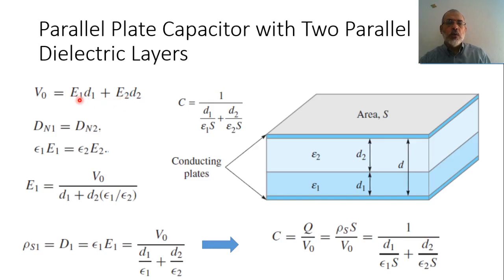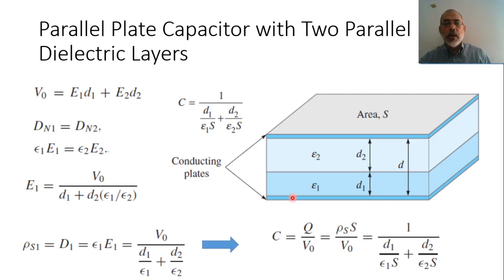So we can obtain the electric field E1 as V naught over d1 plus d2 multiplied by epsilon 1 over epsilon 2. This electric field is coming from the lower plate, E1.